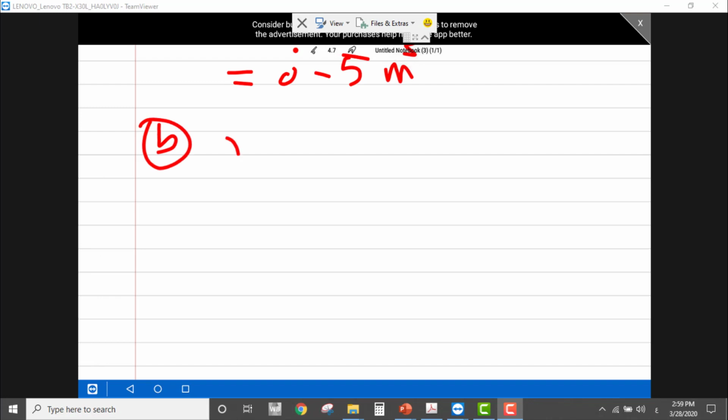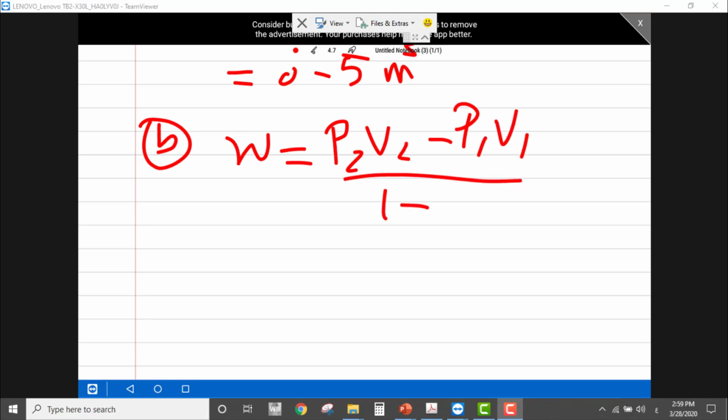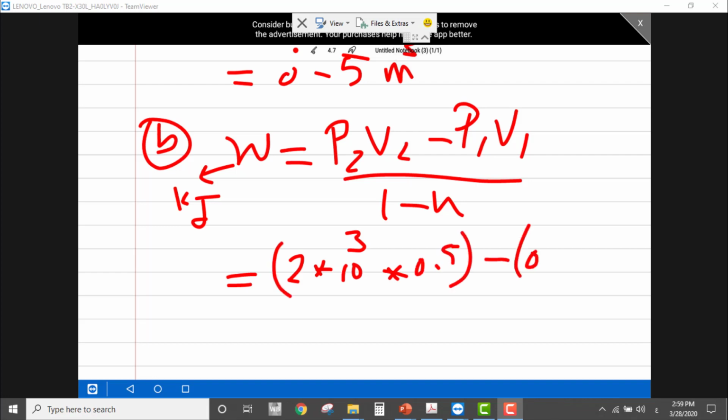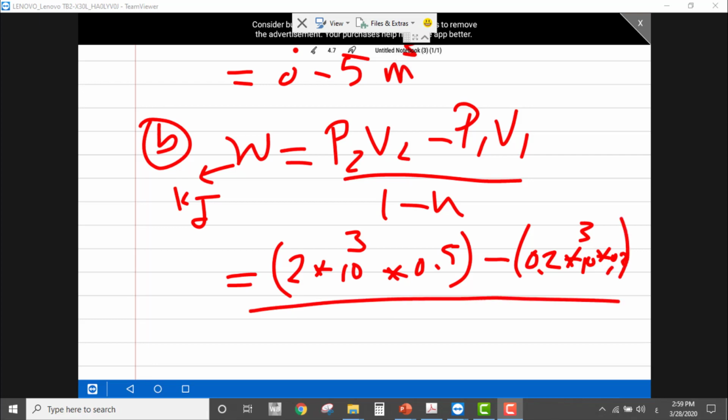Now, part B, we need to find the work. The work for polytropic is P2V2 minus P1V1 over 1 minus n. So P2 equal to 2 megapascal, which is 2 multiplied by 10 to the power 3, because he needs work in kilojoule, so this is now kilopascal, multiplied by V2, which is 0.5, minus 0.2 multiplied by 10 to the power 3 multiplied by 2.75, divided by 1 minus 1.35.